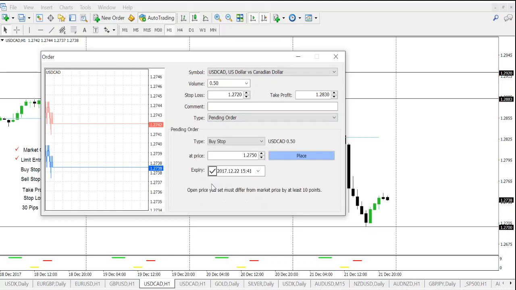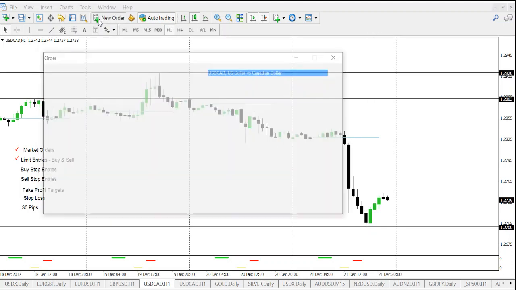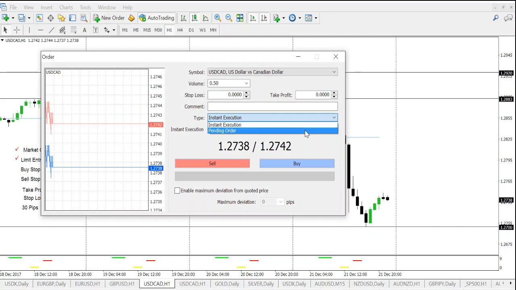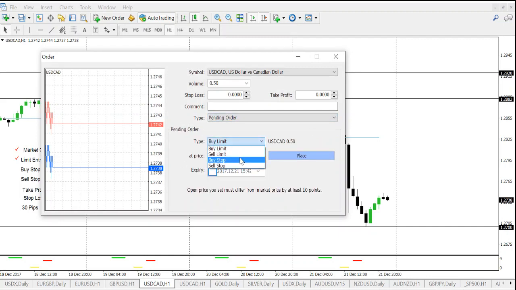Whoops. I gotta switch this. Buy stop. Hang on here, guys. Let me just start over on this. Pending order. Buy stop. Oh, it's probably because I'm too close to the market.